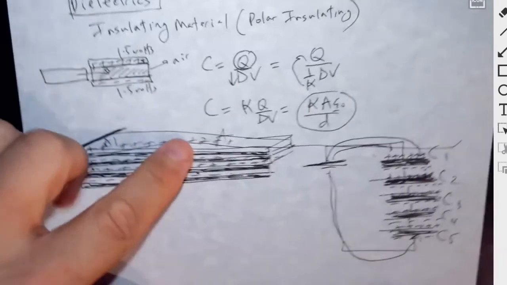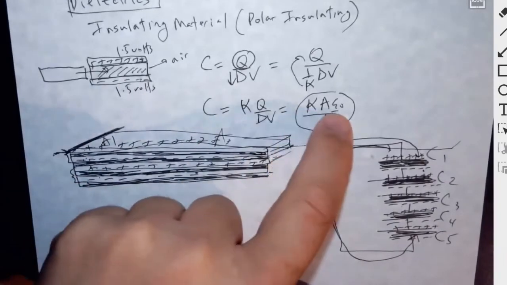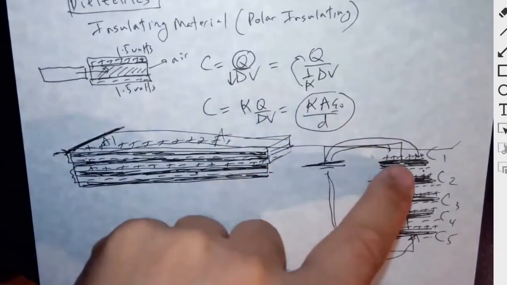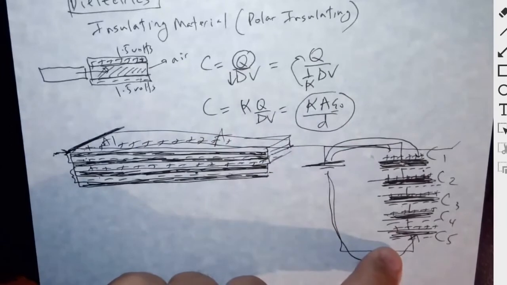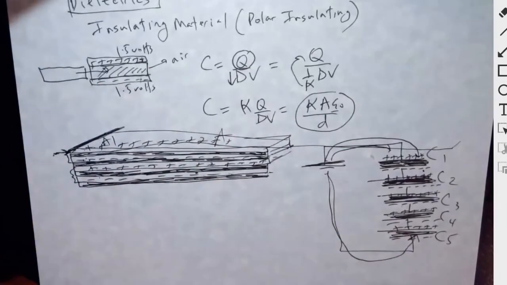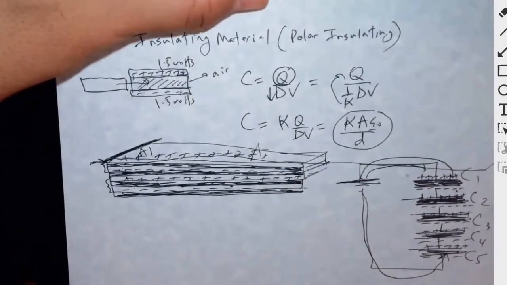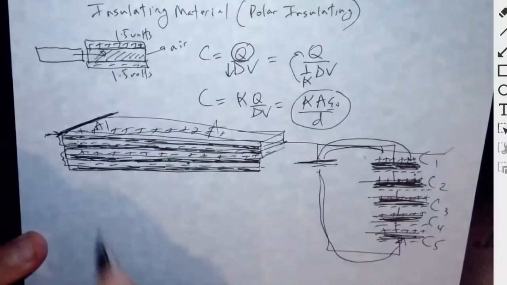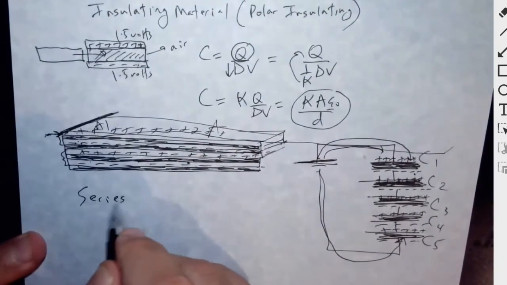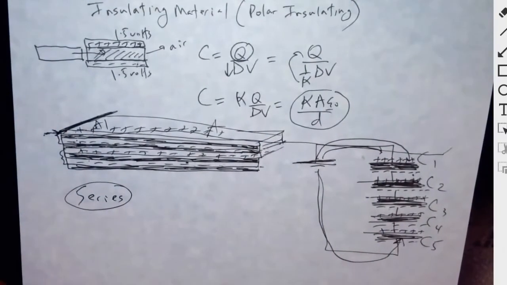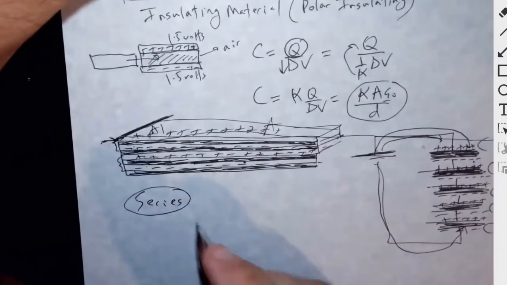Okay, so now that we established that the dielectric increases it by K, let's jump right to the series and parallel topic. Okay, so how do the capacitors add up in series and parallel? Capacitors in series are going to add up like this, right?